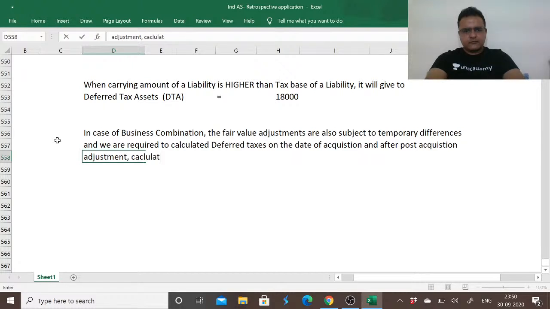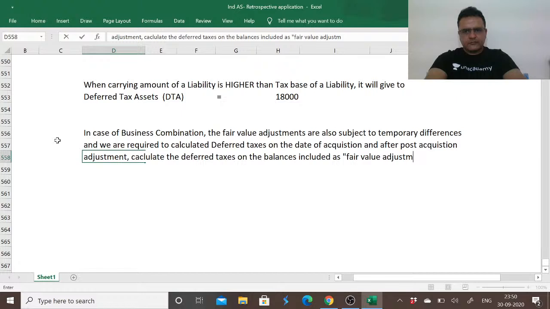We calculate deferred taxes on the balances recognised as fair value adjustments in the group financial statements.